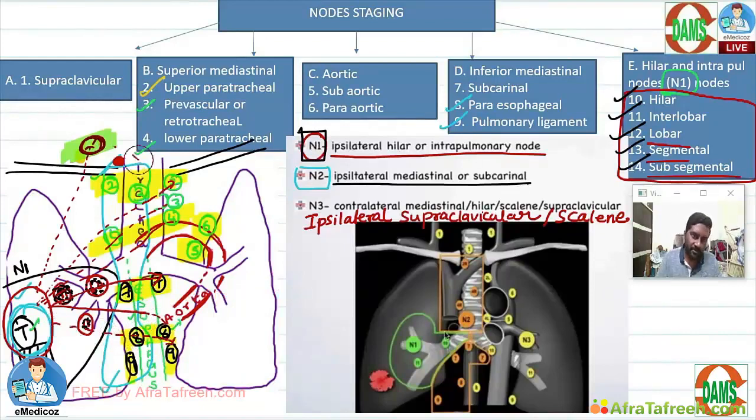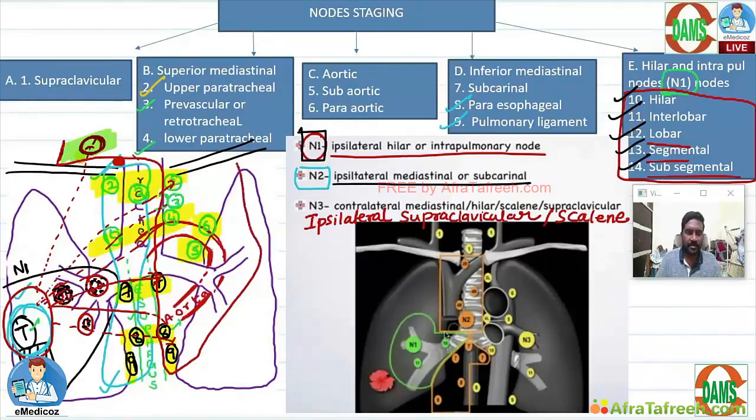So now the tumor is involving same side supraclavicular or contralateral, any lymph node. Right from the lowest subsegmental to the highest supraclavicular, this accounts to N3.